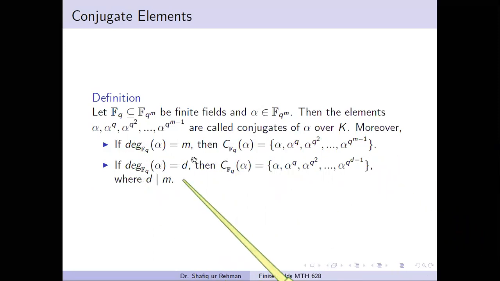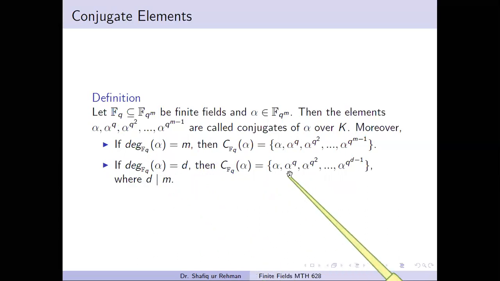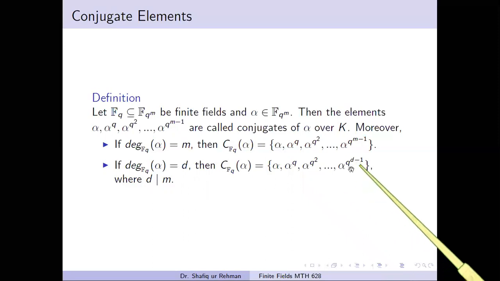And if the degree is not m, let's say for example the degree is d, then this degree will divide the degree of this field extension, and this set will have a total of d distinct elements, because if we start taking powers of alpha, we take alpha power q square, and after alpha power q power d minus 1, we will again get alpha, and so this repetition starts.